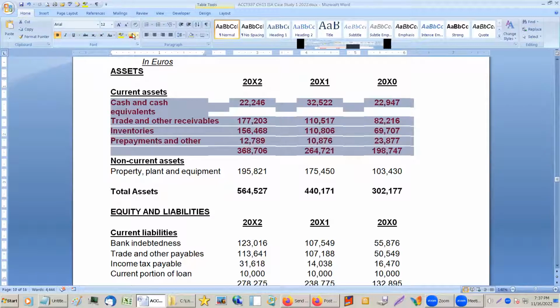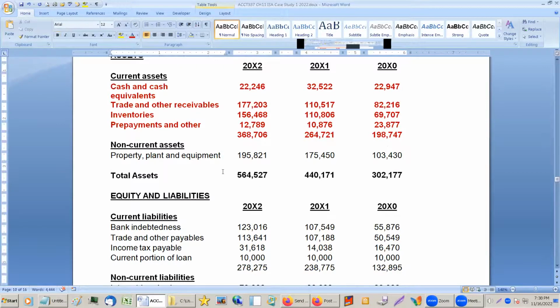What number's in here? Don't worry about the number. What accounts in here would make you want to be interested enough to go take a look at them? Anyone?